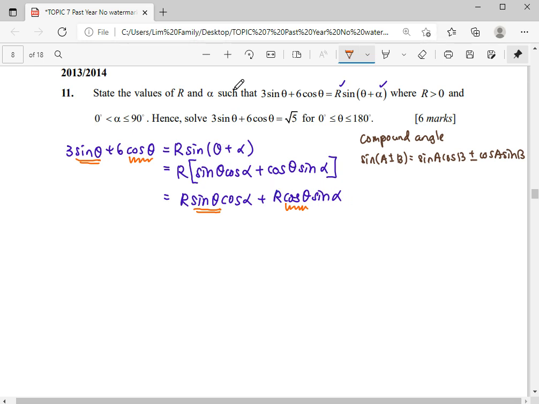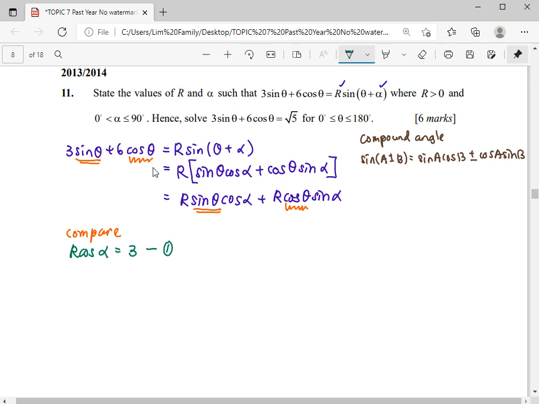Our purpose here is to find out what r and alpha are. We have two unknowns, which means we need two pieces of information to build our simultaneous equations. By looking at this expanded form, we compare it back with the question. When we compare, we get r cos alpha equals 3.